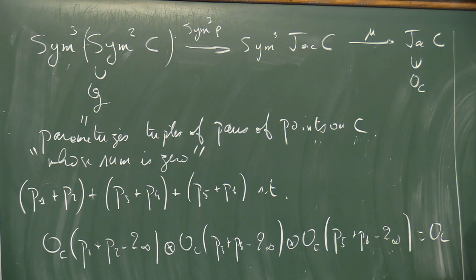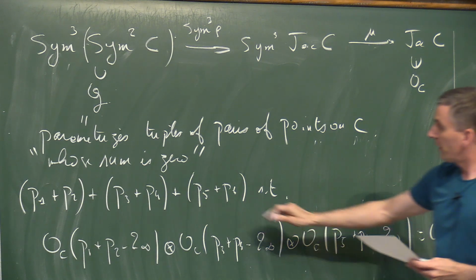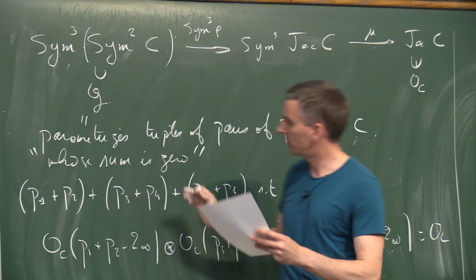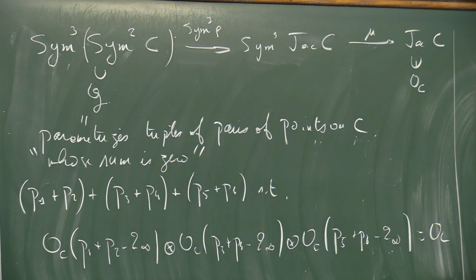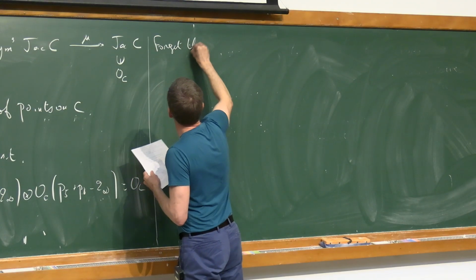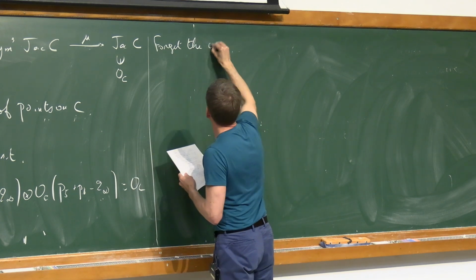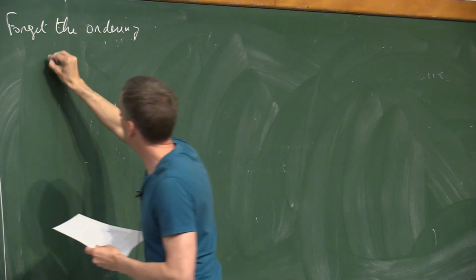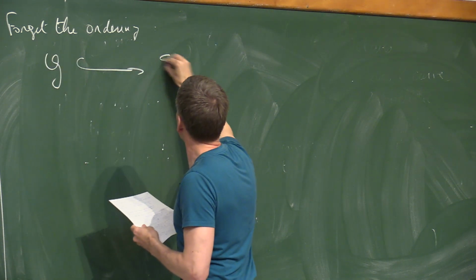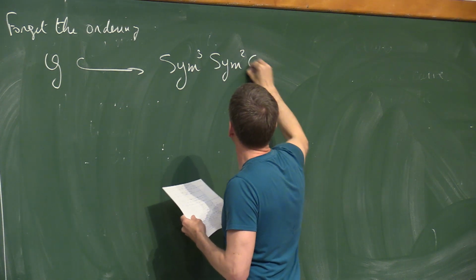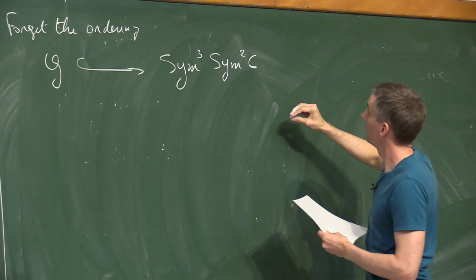So to do this, the idea is to forget the ordering, the parentheses between these points. What I mean is that this variety is inside the symmetric product of 3 pairs of points.